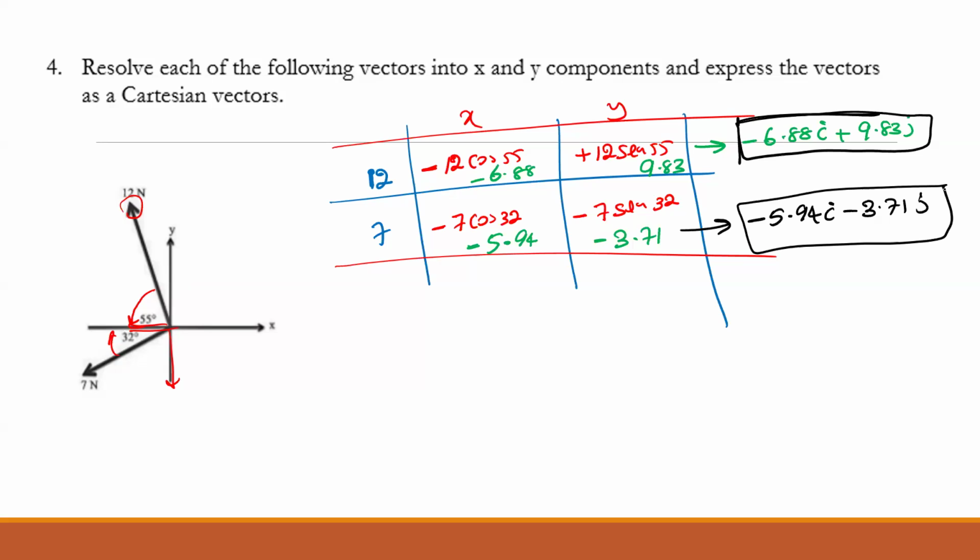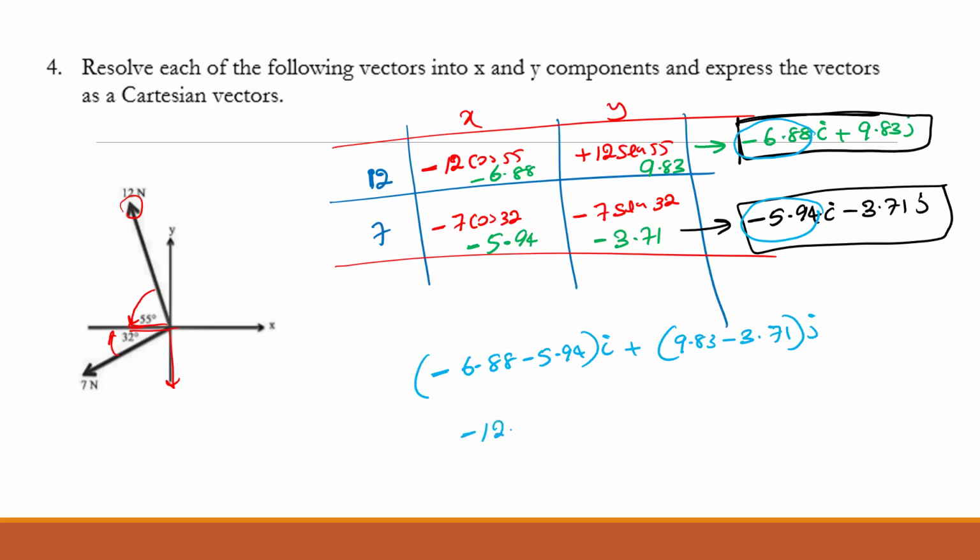The resultant you can find just by adding the x components together. So that will be negative 6.88 negative 5.94 times i plus 9.83 minus 3.71. So it's not that they are not connected. When we understand the components, it's not hard to understand the Cartesian form.